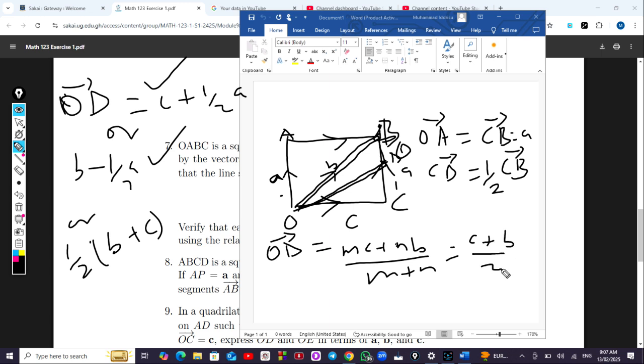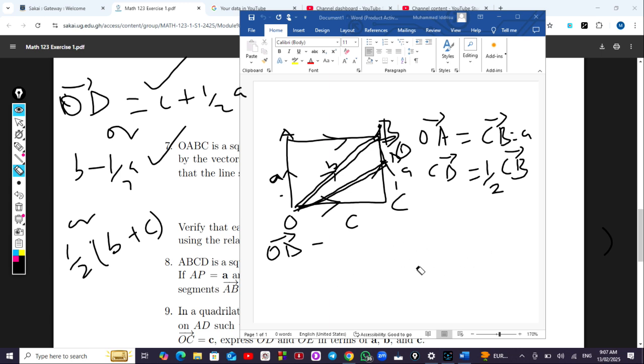This is the same as half bracket b plus c. But we are not going to use this; using it, you can just find it easily.